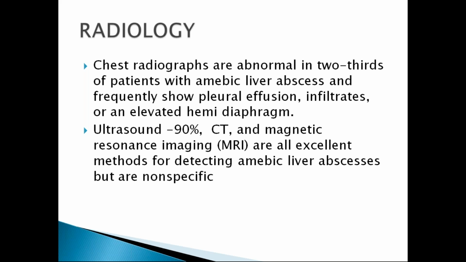Chest X-ray is also taken to see any pleural effusion, elevation of hemidiaphragm, or any subdiaphragmatic collection, etc. MRI, everything is done, but they are non-specific. Ultrasound is the most commonly used for two reasons: one, diagnosis; two, therapeutic. You can even do an ultrasound guided pigtail, ultrasound guided fine needle aspiration, anything you can do.